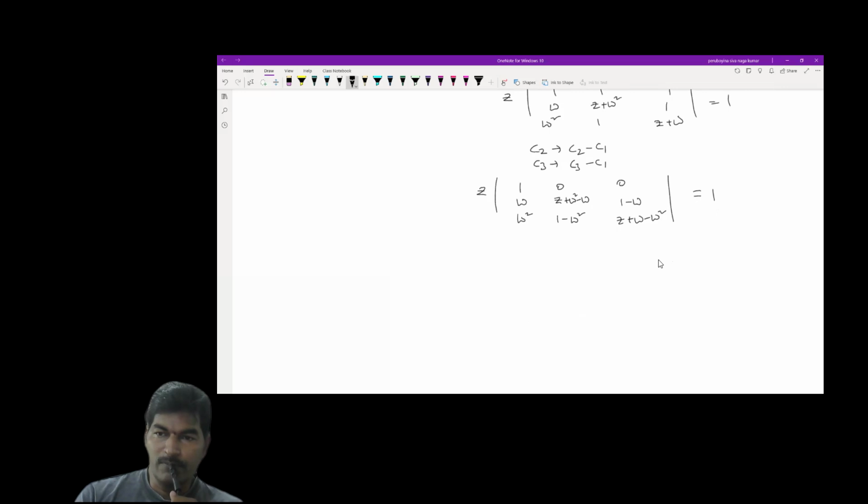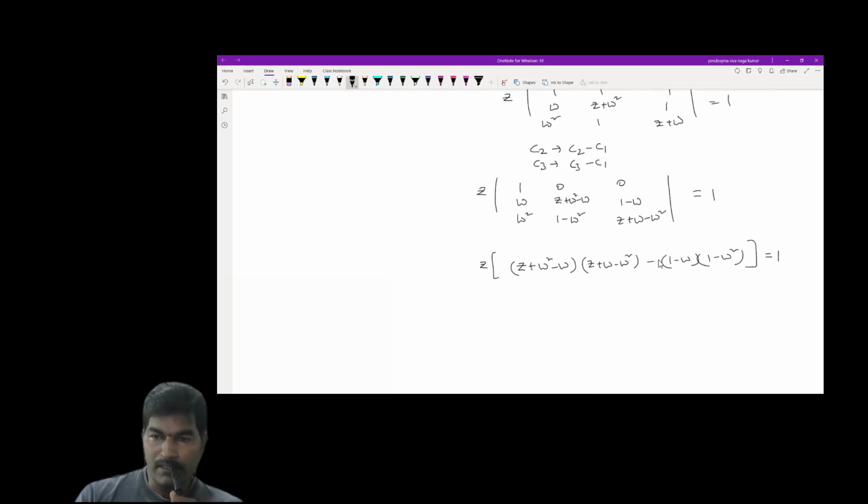So from this, if you perform that determinant rule, one of these two multiplied: Z plus omega square minus omega multiplied with Z plus omega minus omega square, minus 1 minus omega into 1 minus omega square. It should be equal to 1.